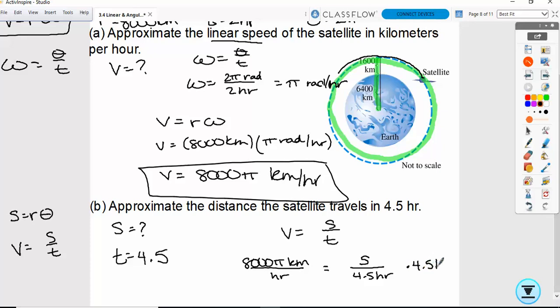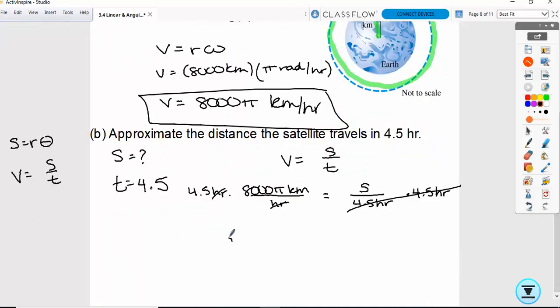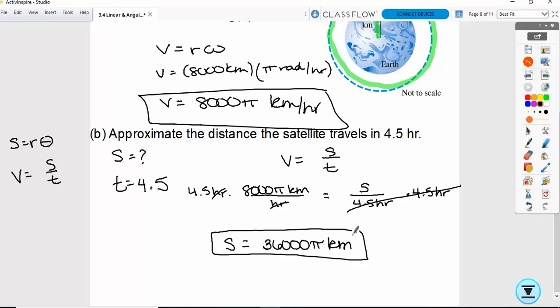So if you're solving for S, you multiply by 4.5. If you write out your units, you can see that the hours cancel, so S is just going to be kilometers. So we have 8,000 times 4.5. So we get 36,000 pi kilometers.